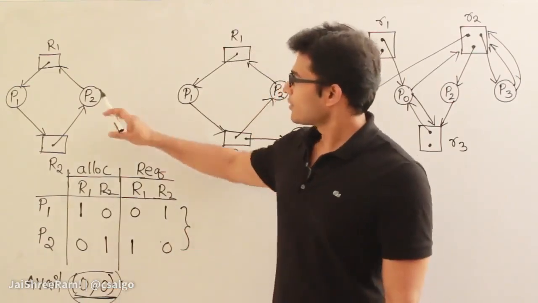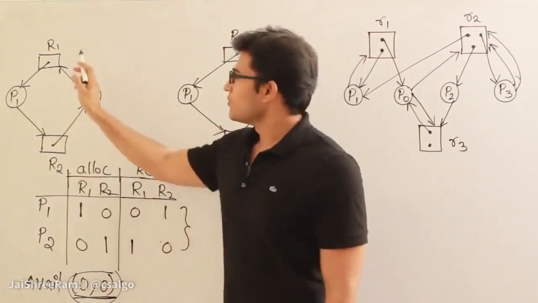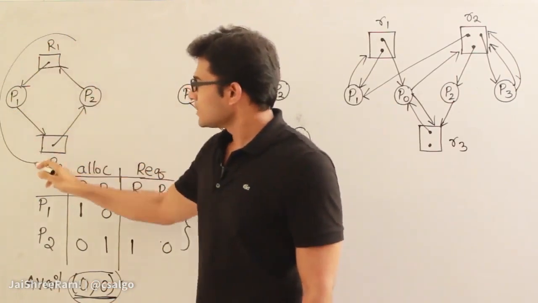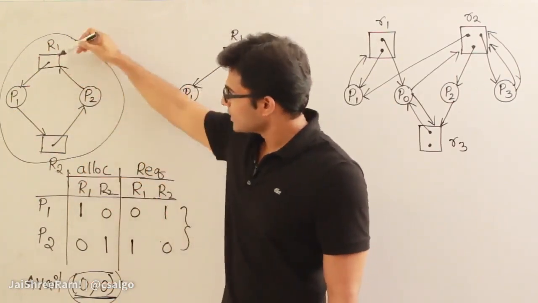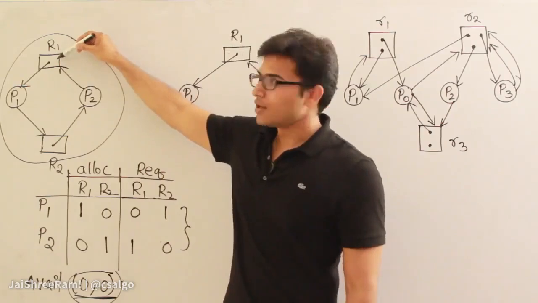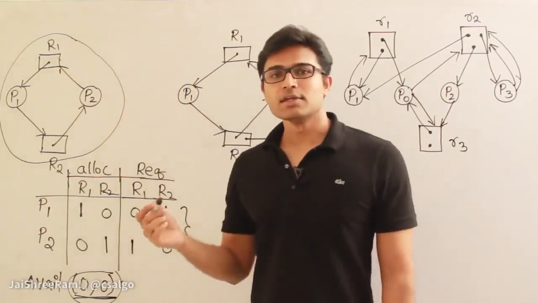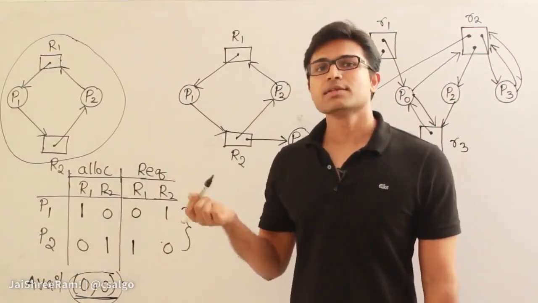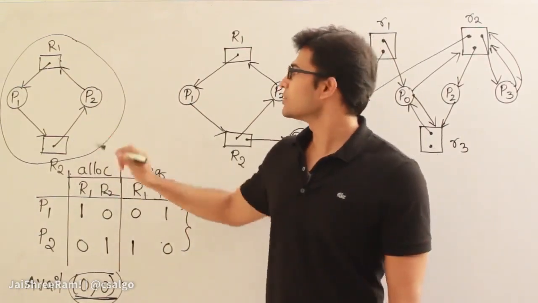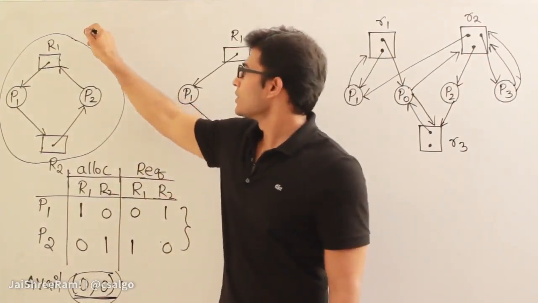And moreover, now just remember this: if you have a cycle in a single instance resource type, single instance resource type means this one, that is sufficient. It is a sufficient condition. So you can write it somewhere.